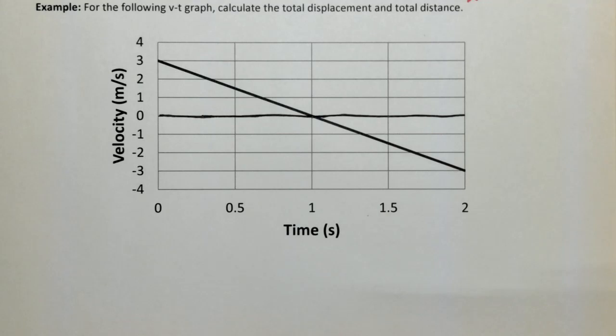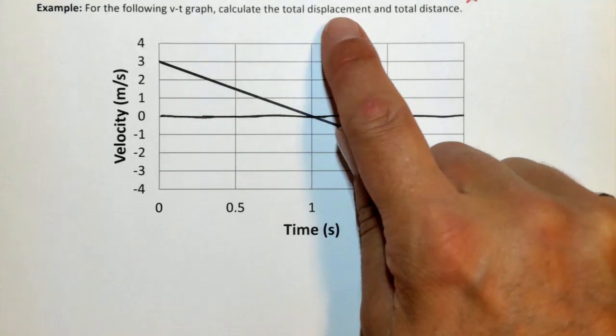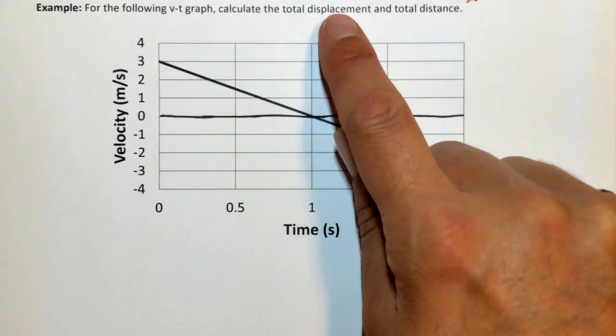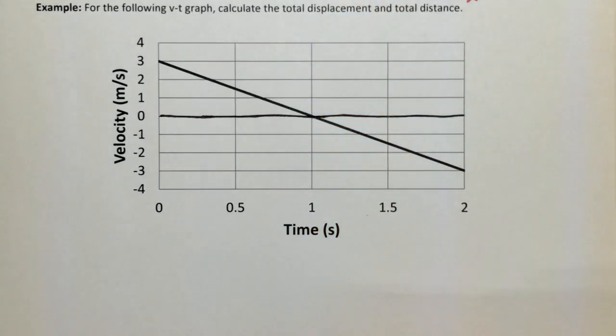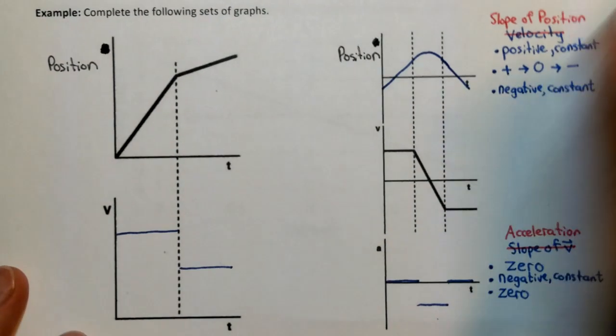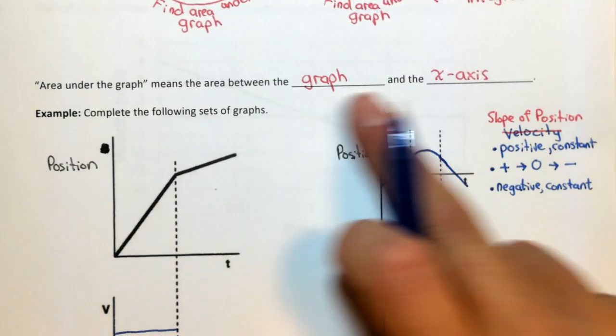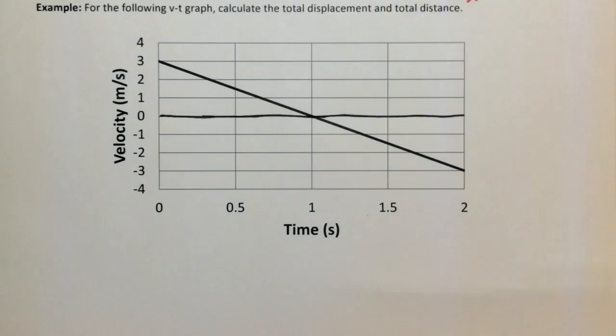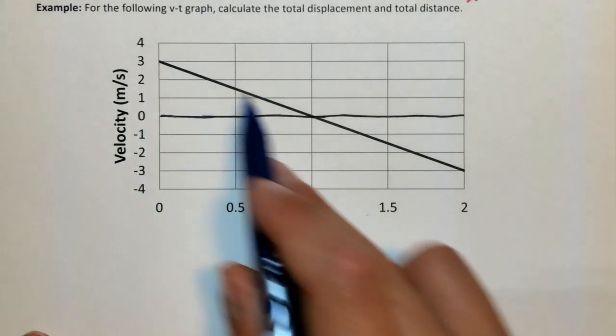So to get displacement or change in position from a velocity graph, I have to find the area under the graph. So area under the graph, remember, means the area between the graph and the x-axis. Here's my graph.